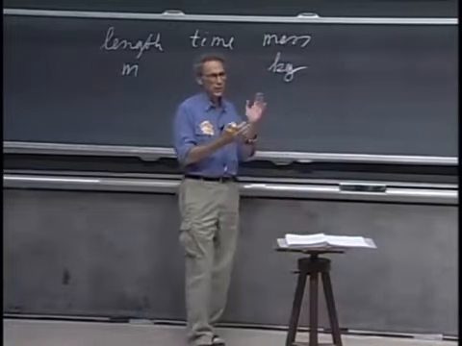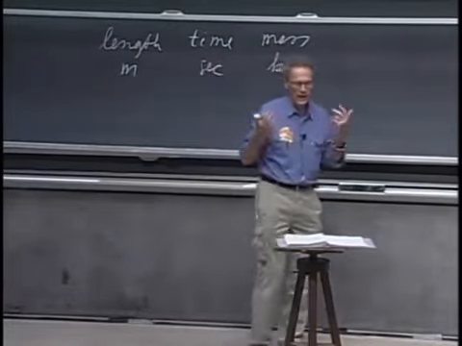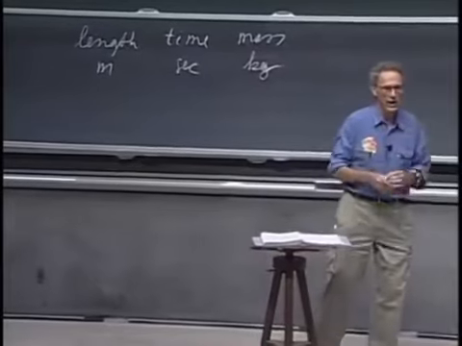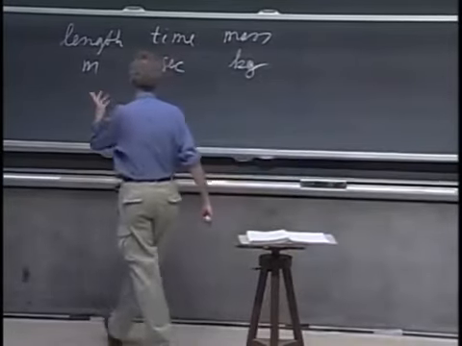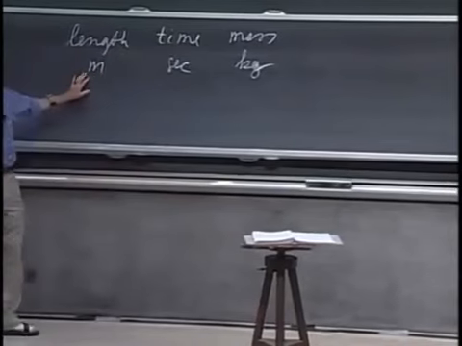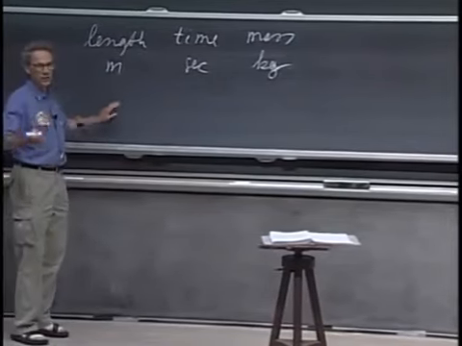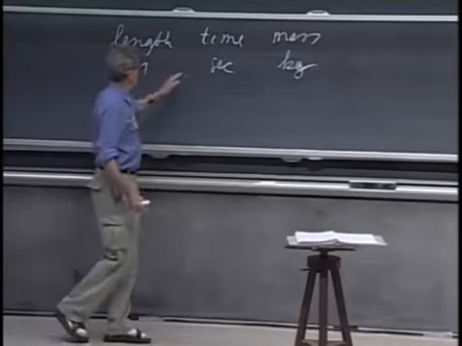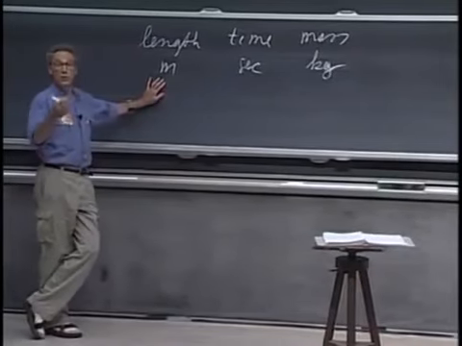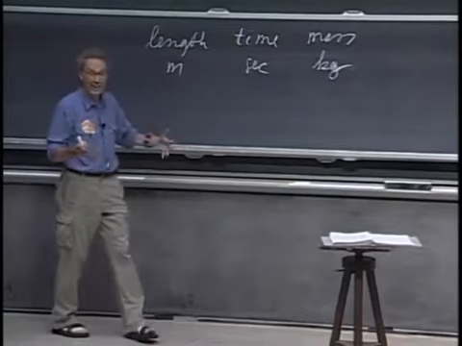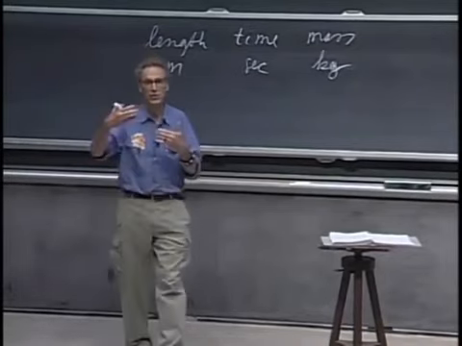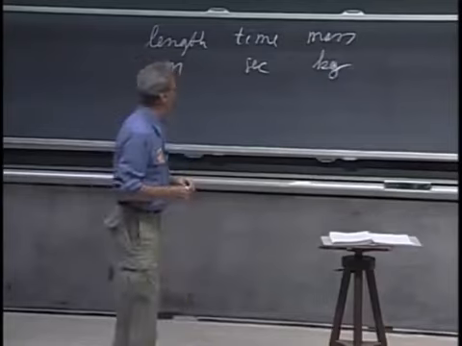Now, there are many derived units which we use in our daily life for convenience, and some are tailored to specific fields. We have centimeters, millimeters, kilometers, inches, feet, miles. Astronomers even use the astronomical unit, which is the mean distance between the Earth and the Sun, and they use light years, which is the distance that light travels in 1 year.